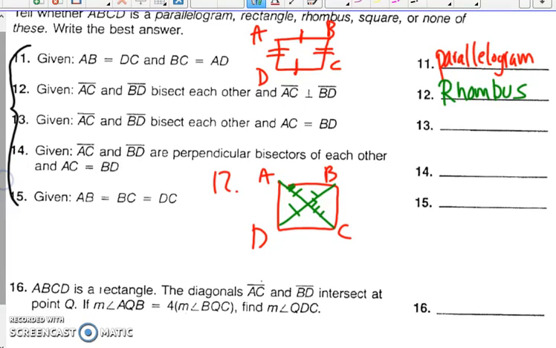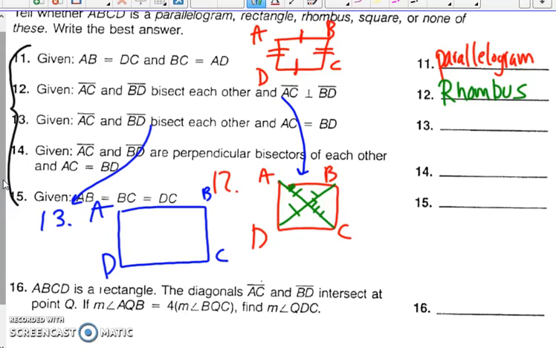For 13, we are given that AC and BD bisect each other and that they're congruent to each other. So if they bisect each other and they're congruent, that means your shape is going to be a rectangle. It's as specific as we can be.